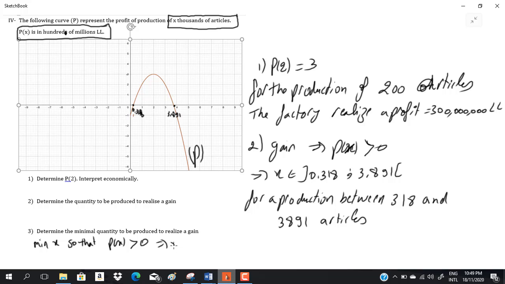So x equal after 0.318, we take 0.319, so for the production of 319 articles, it starts making a profit when it produces 319 articles.